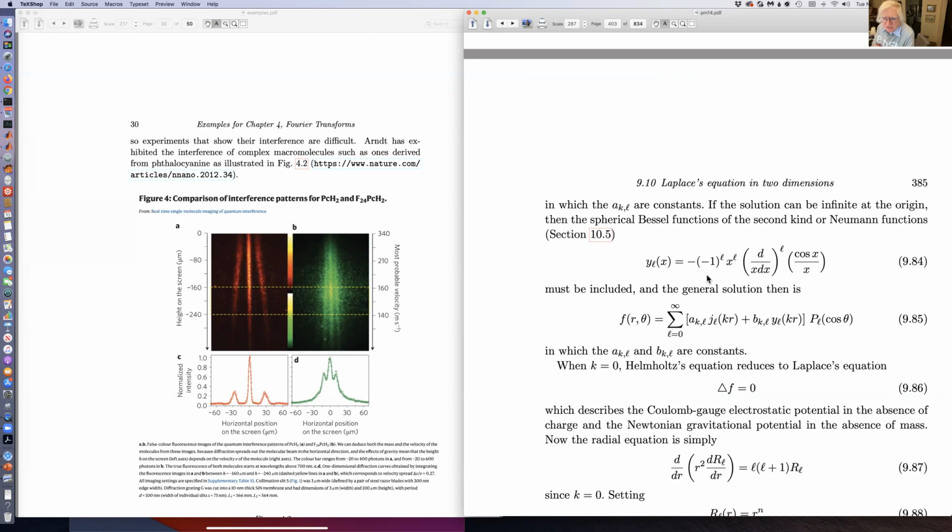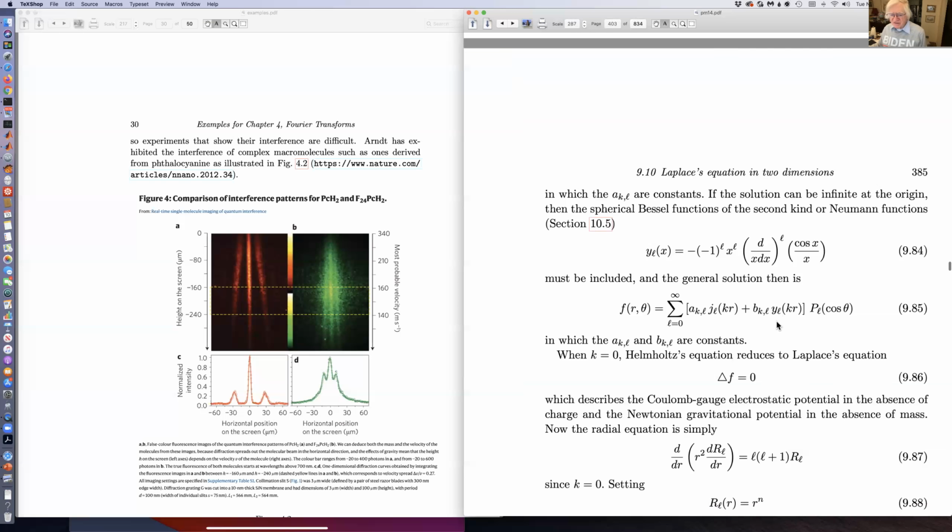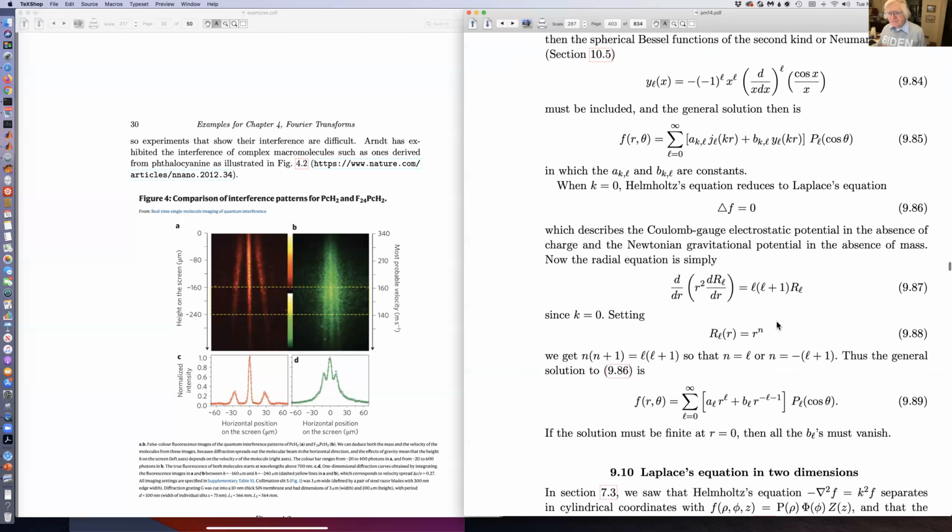I'm not actually certain what's the best notation, but anyway, you've got to use functions that are also fairly simple, but instead of being sine x over x, which is regular at the origin, they're cosine x over x. And so there's a singularity built into the origin. And so the general solution then is a sum of the two different kinds of spherical Bessel functions.